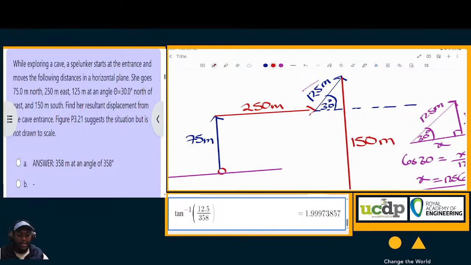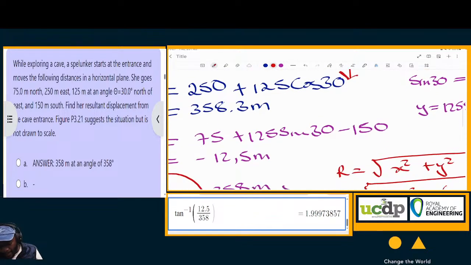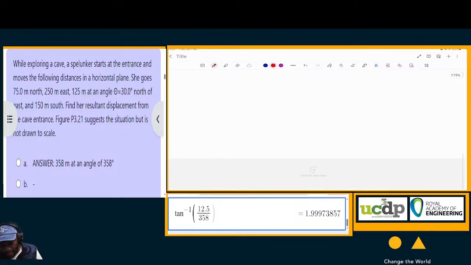Okay, I don't see any objections or comments on the chat. Therefore, we shall proceed. Let's look at question 2, which is question 7 in this case.